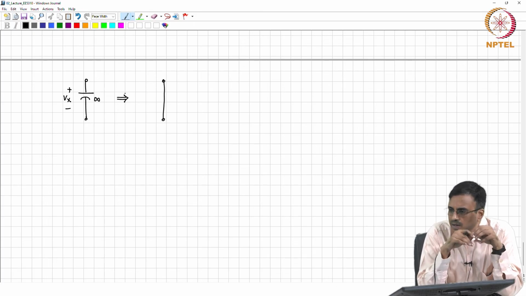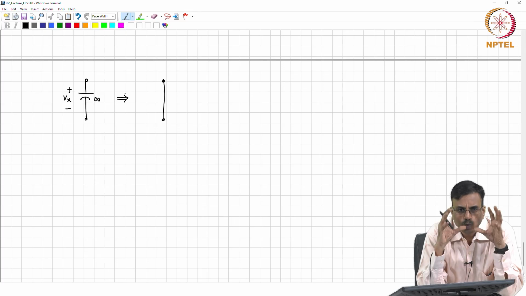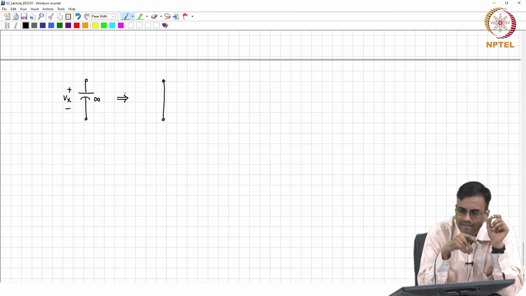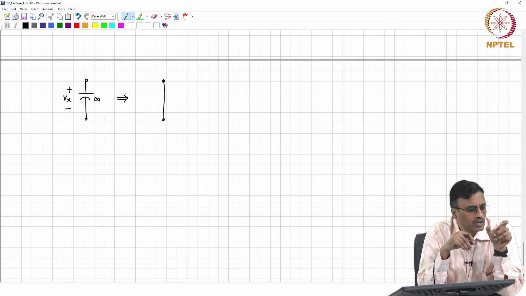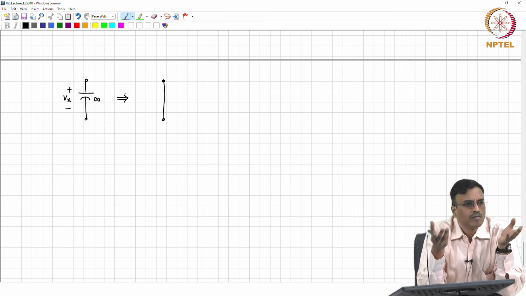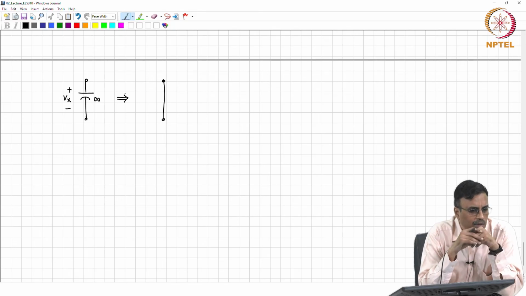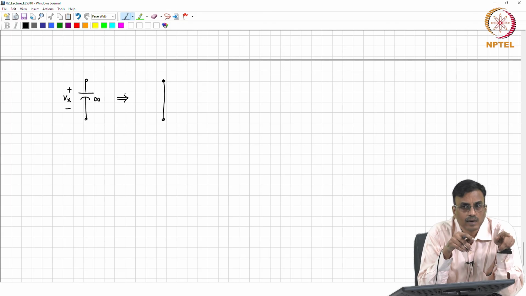We saw that simply looking at the original network, one can draw the incremental equivalent by replacing every element in the network by its small signal equivalent, where the small signal equivalent is found from the characteristics of the nonlinear element as well as the quiescent operating point.